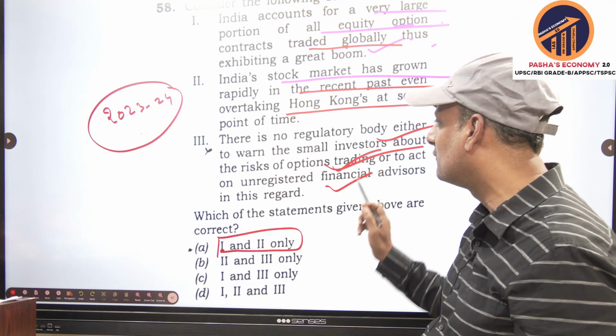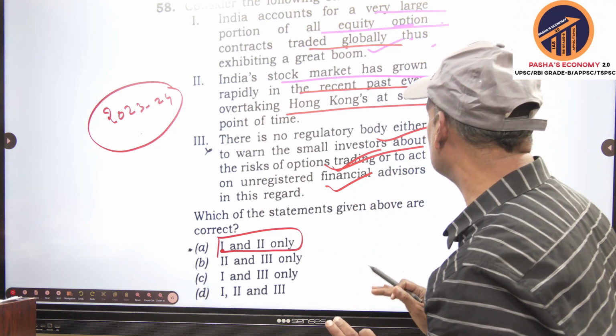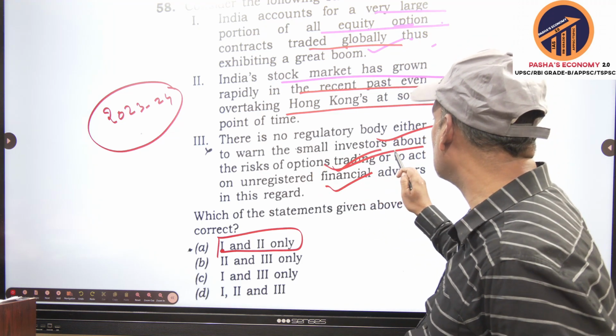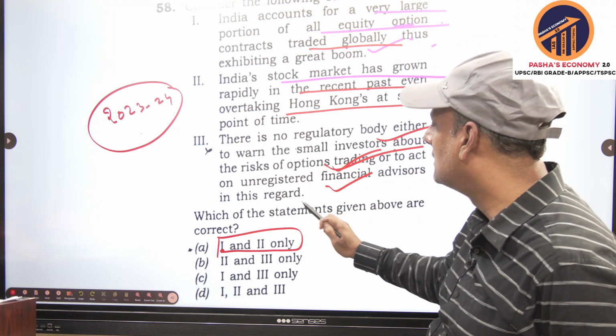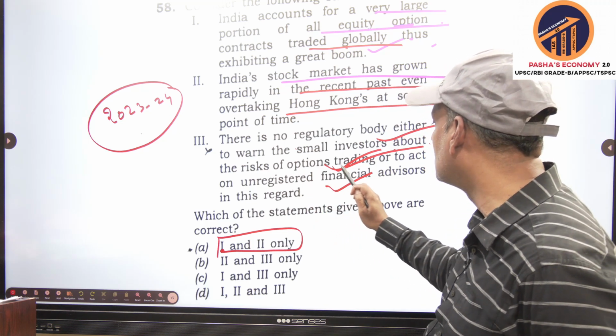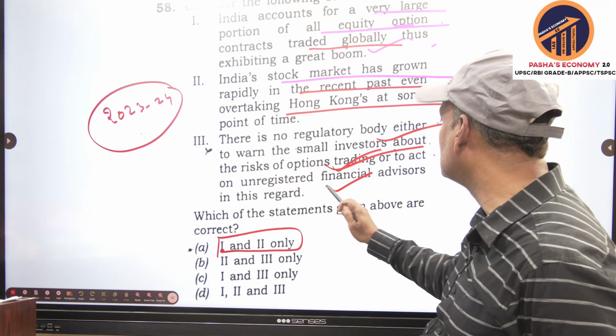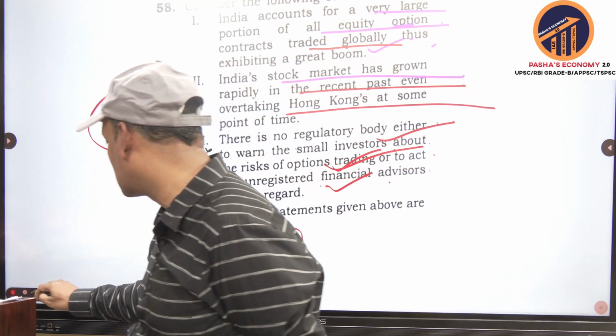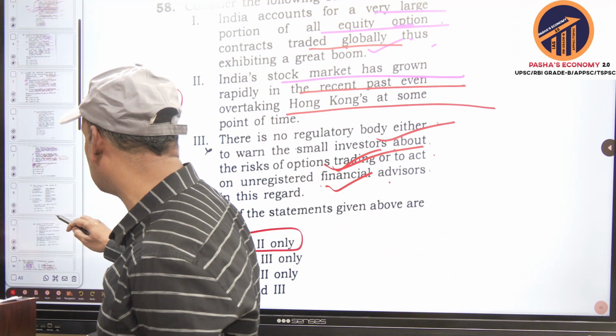Many times they have said we do not have any regulatory body. So options 1 and 2 are correct regarding this particular element, friend.